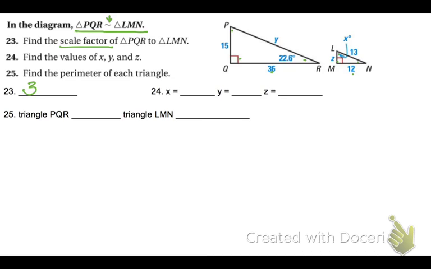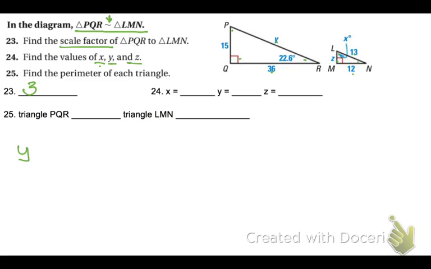So now we're going to find the values of x, y, and z. Now that we have our scale factor, all we need to do is make a ratio using the variable that we want and set it equal to the scale factor. So let's take y over 13.